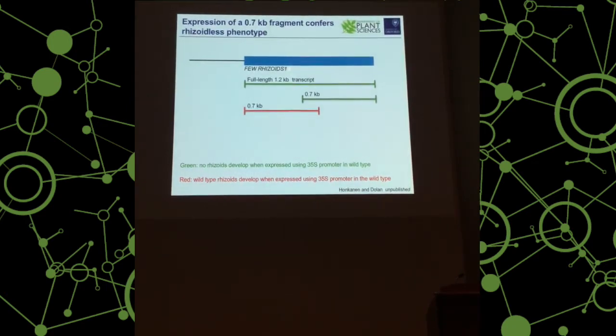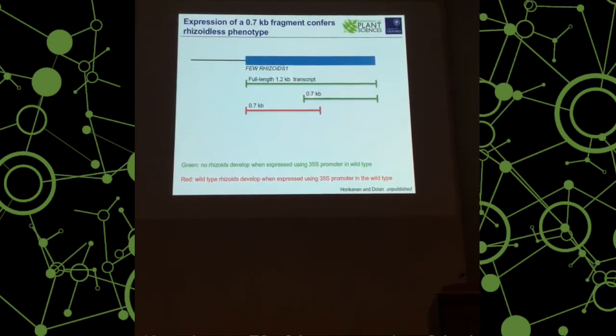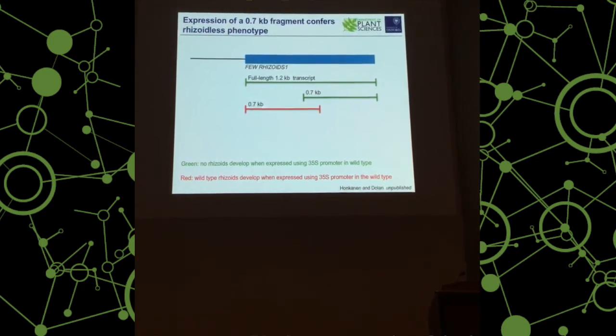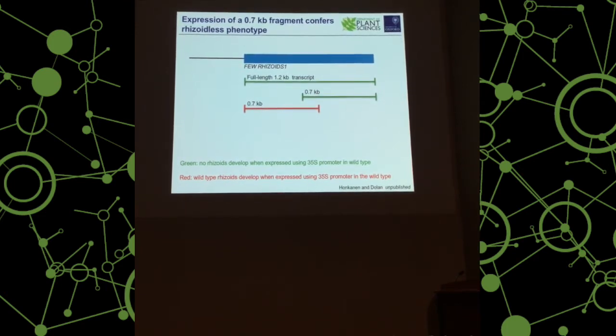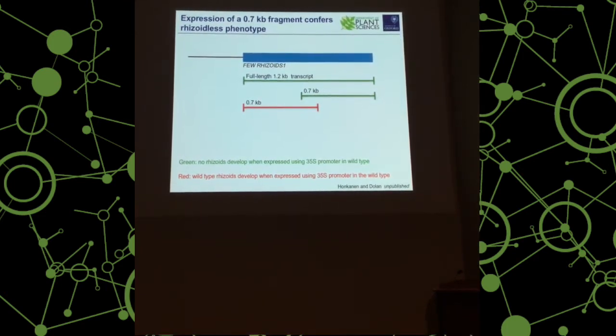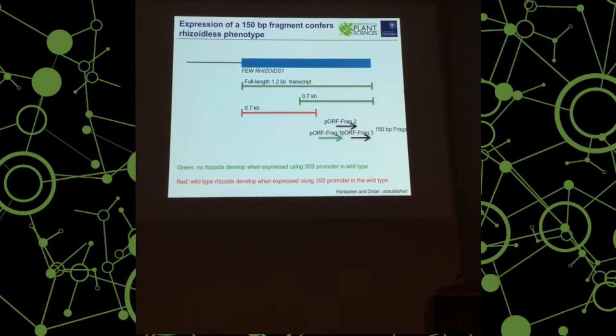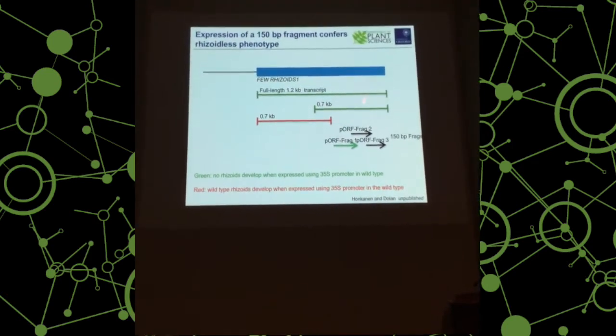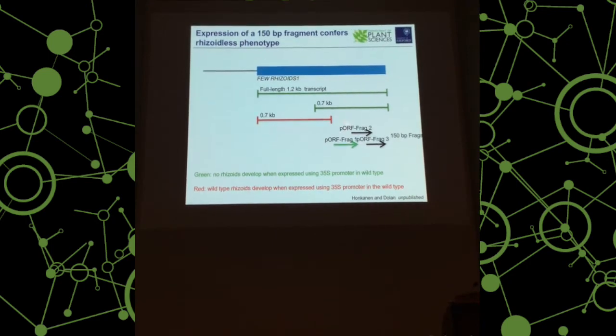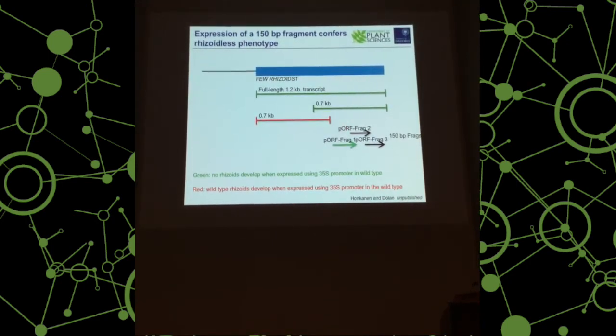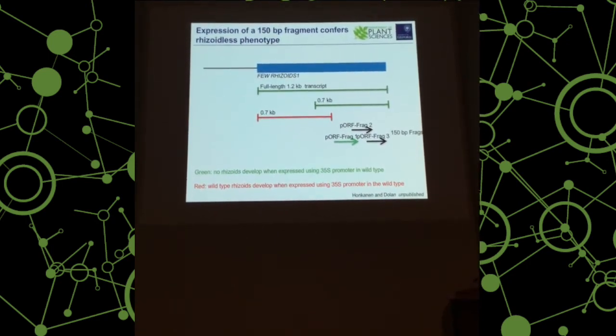Okay, so then we took that transcript, we split it into two, and there was a right 0.7 kb transcript and a left 0.7 kb transcript, and overexpression of this transcript repressed the formation of rhizoids. And then we split this up into a few fragments, and we were calling them ORFs because at this stage we didn't know whether they were open reading frames or not.